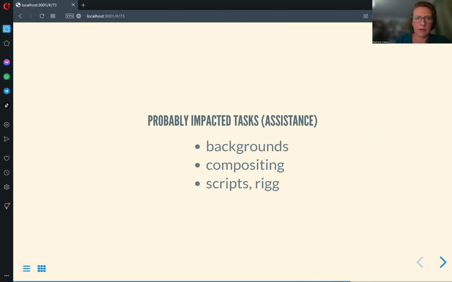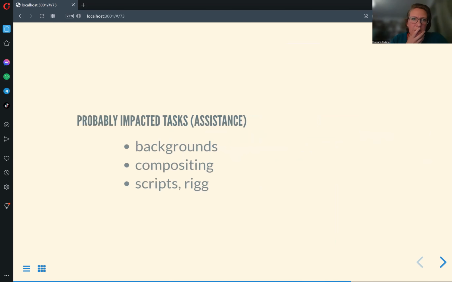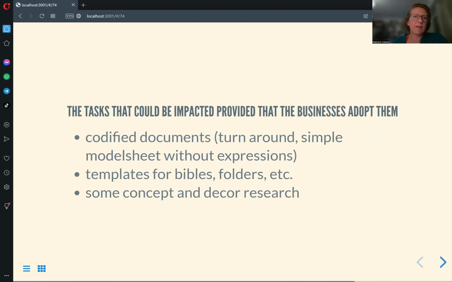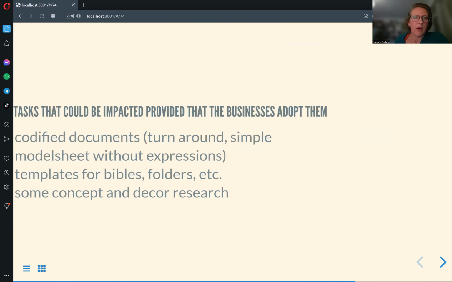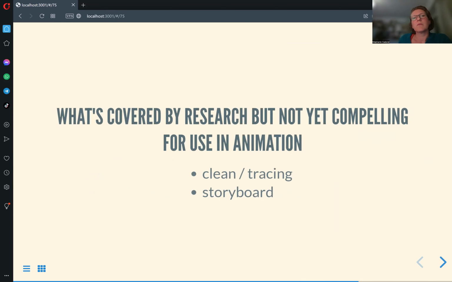We know we can use them and it will probably be impacted, provided that the business adopts them. We could get codified document templates and some concept and decor research. What's covered by research but not yet compelling for use in animation: clean and tracing, and storyboard and conception tasks.